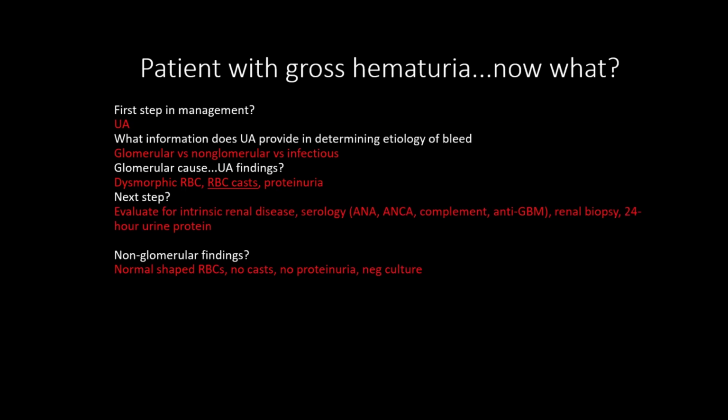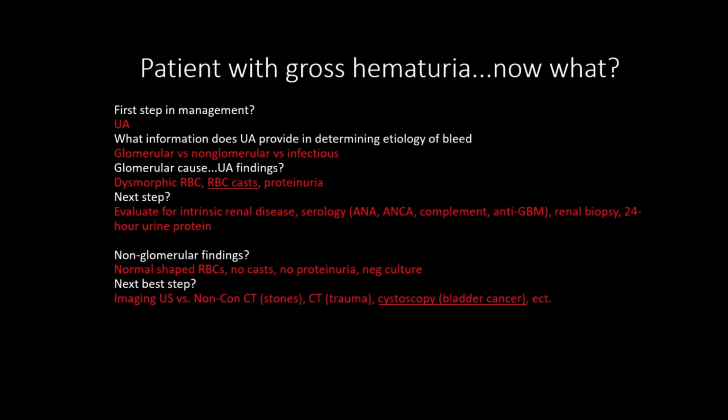So as far as next best step, if you think it's a non-glomerular source of bleeding, you think there's something, whether it's stones or some kind of trauma, or one of the really high yield points that we'll have a case on a little bit later, there's something mechanical going on. So really, the next best step if you have non-glomerular findings is base it on the history and your patient, what risk factors they have.